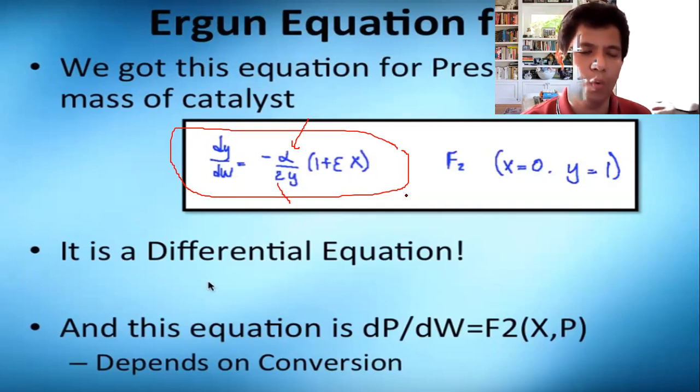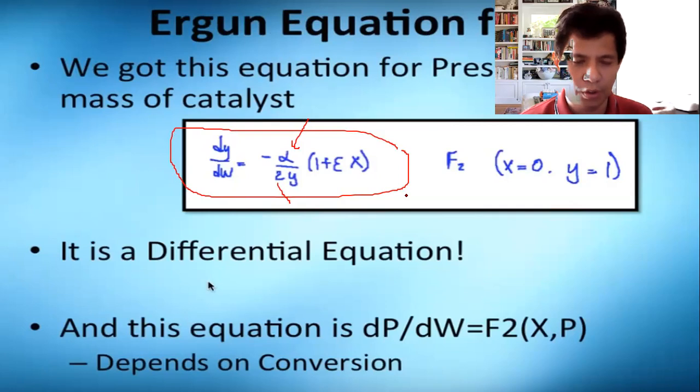If you still remember, y is the ratio of the actual pressure to the initial pressure. Kasi generally, we use PBR equation for gases, and the pressure is changing along the length of the PBR reactor. So, yung concentration and also the conversion depends on the pressure.